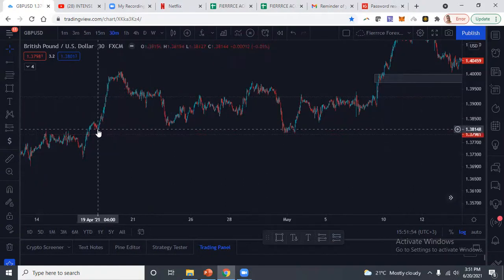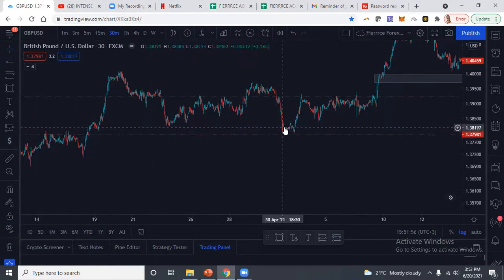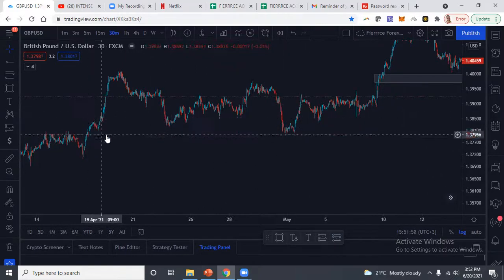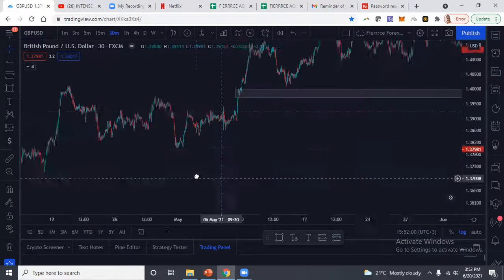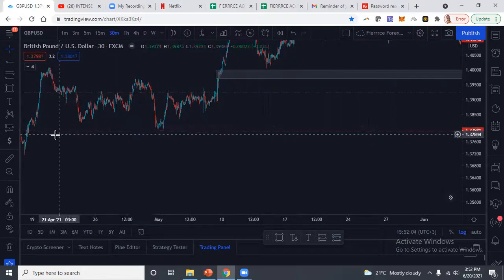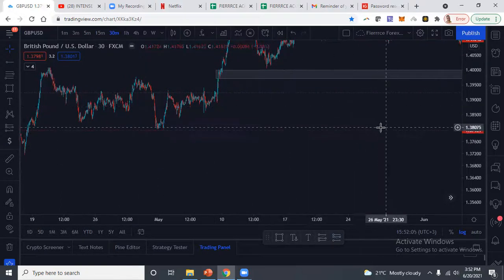This was on 19th April, about 10 days later. It retested that level, and that is where the market closed. So we are possibly retesting this level of structure, okay?